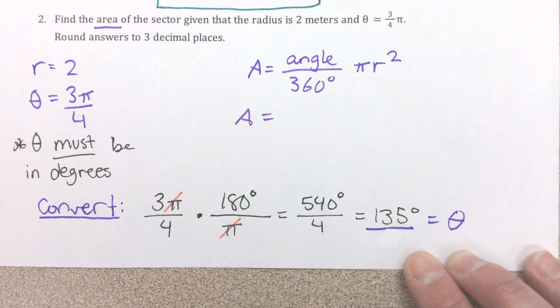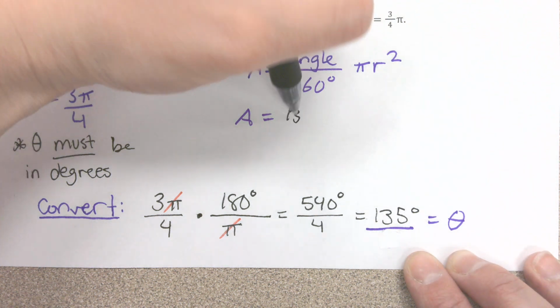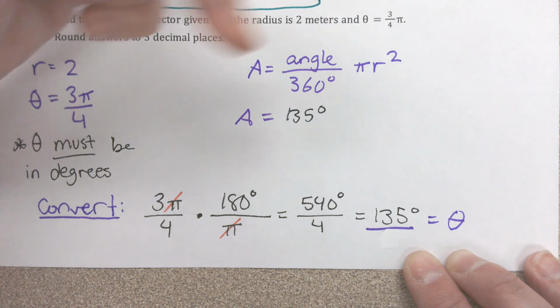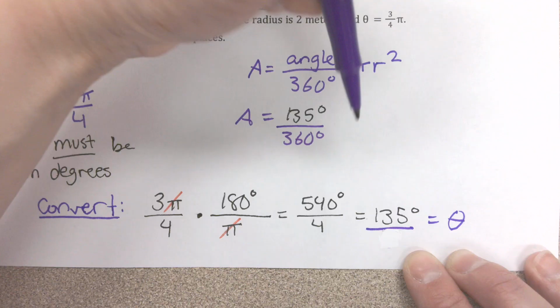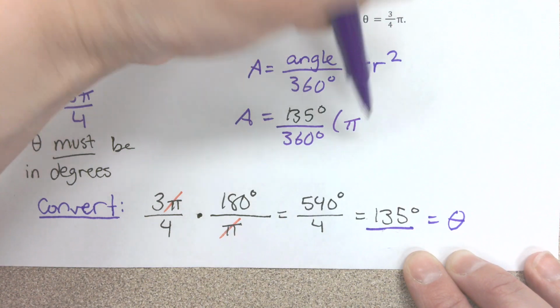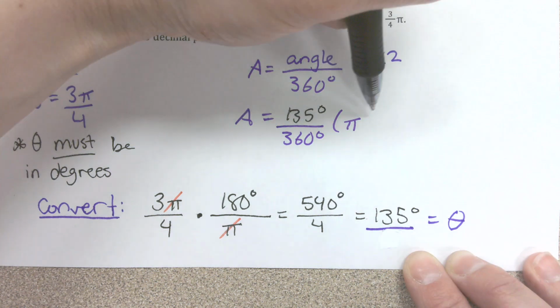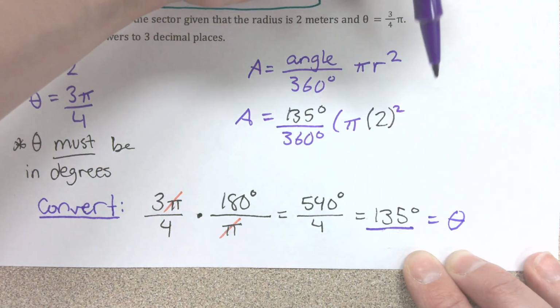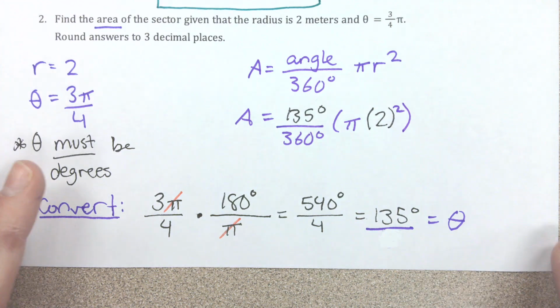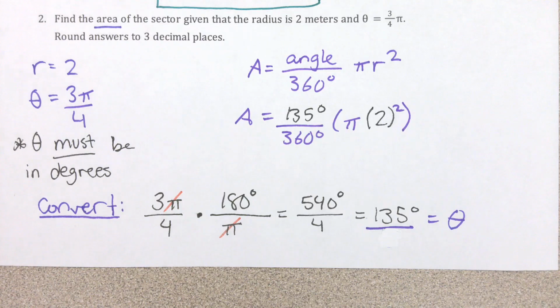A equals 135 degrees over 360 degrees times pi times our radius, which is 2 squared. Once again, we'll just type all that into the calculator carefully to get our answer.